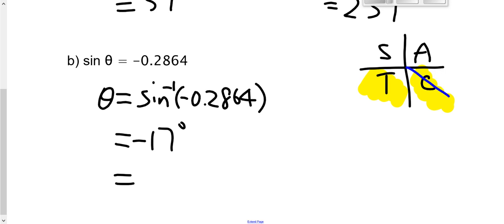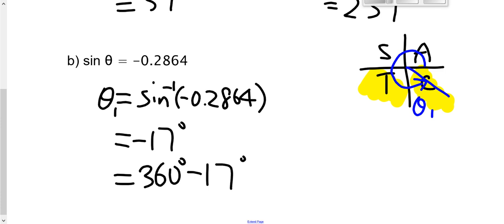So this one, theta 1, would be 17 degrees short of 360. So 360 minus 17 gives you 343 degrees.